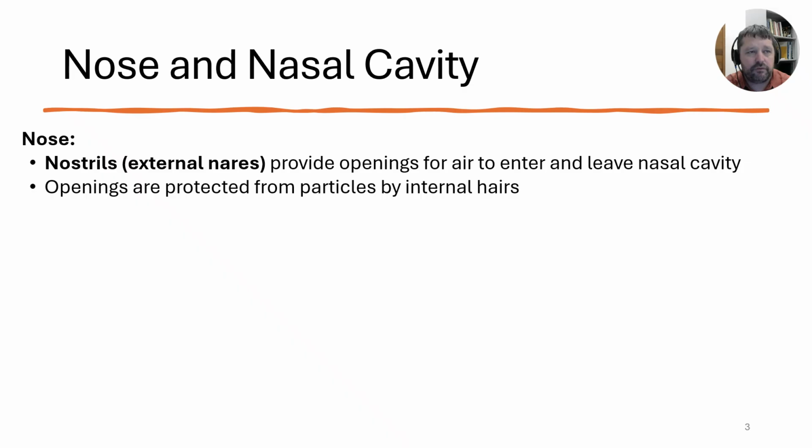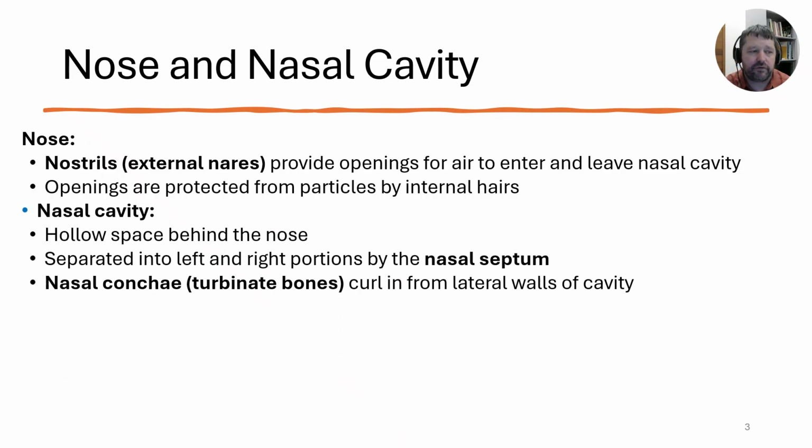The nasal cavity is protected by hairs in the nose to catch particles and trap those particles in a mucus layer, and then we'll talk about how those teeny cilia, hair-like structures, continuously force the material to the back of the nasal cavity so you can get rid of it. So the nasal cavity itself is a hollow space behind the fleshy part of the nose.